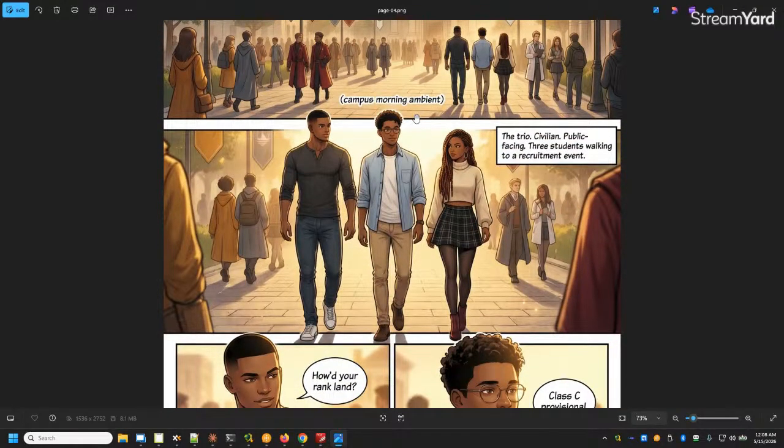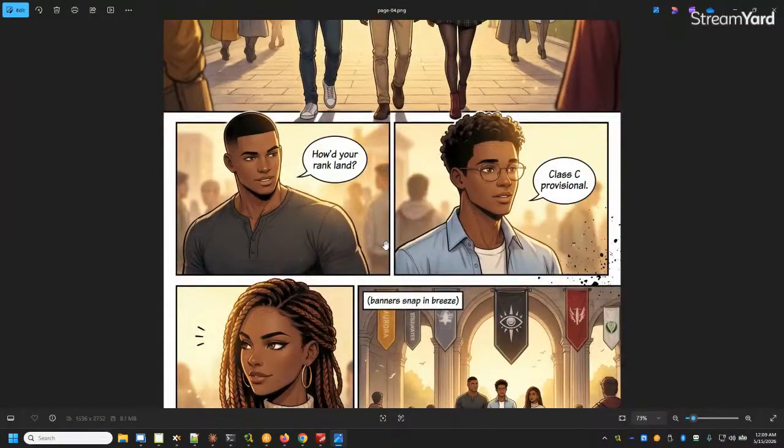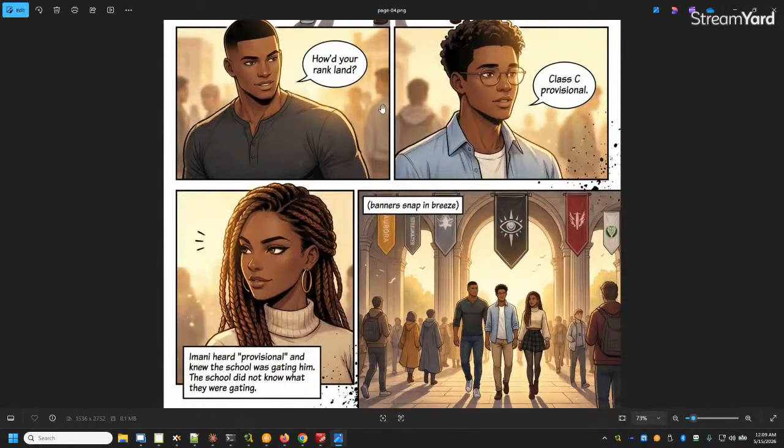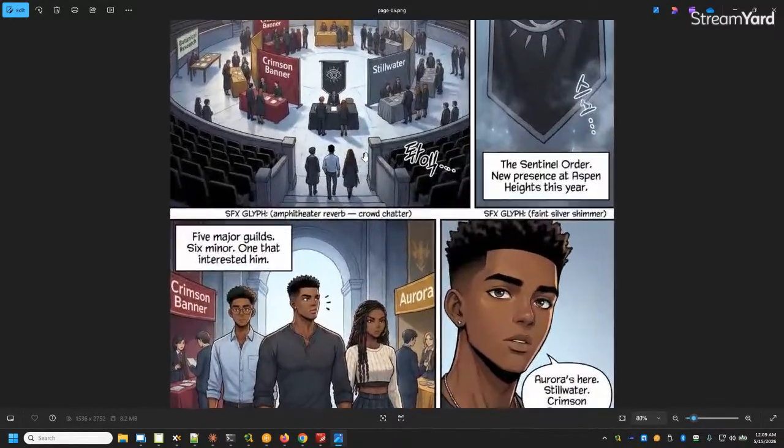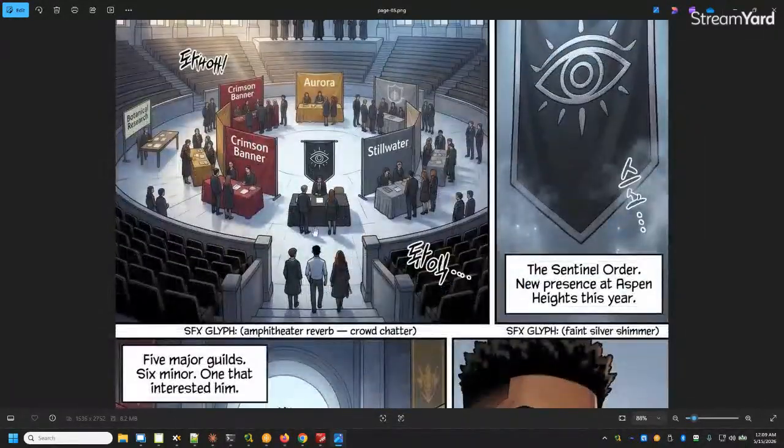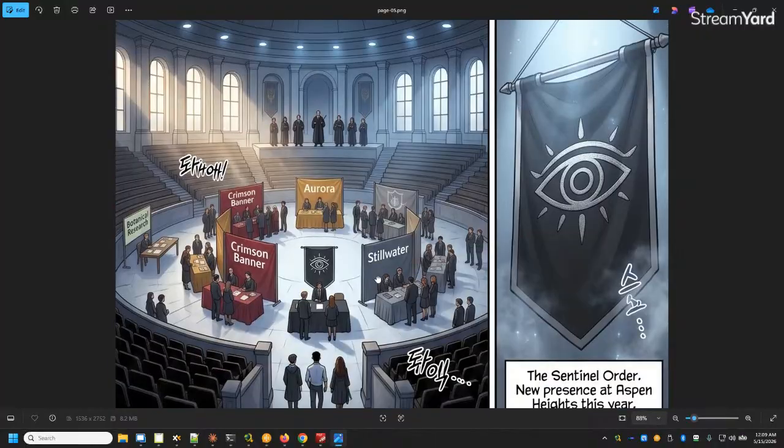All right. The trio, civilian, public facing, 3 students walk into a recruitment event. Rank C, provisional. Imani heard provisional and knew the school was gating him. The school did not know what they were gating. Banner snapping in the breeze. All right, I love the consistency from chapter one.